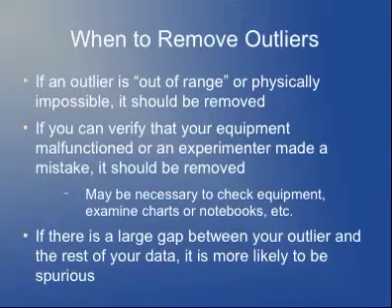Or if the variable is someone's heart rate and you have a heart rate of like 2 or 2,000, you're going to say, okay, anybody with a heart rate that low or that high is probably going to be dead. That number is going to be wrong. Those are the easy ones. In practice, most of the time, it's not going to be that easy.